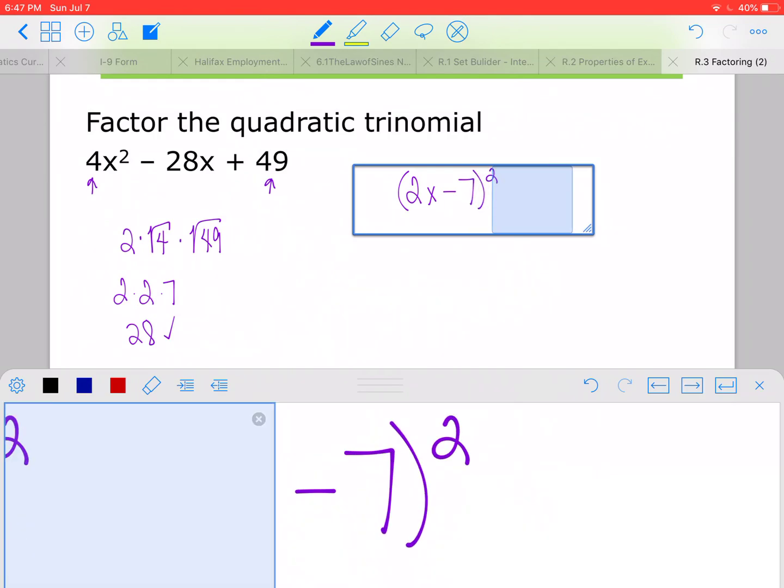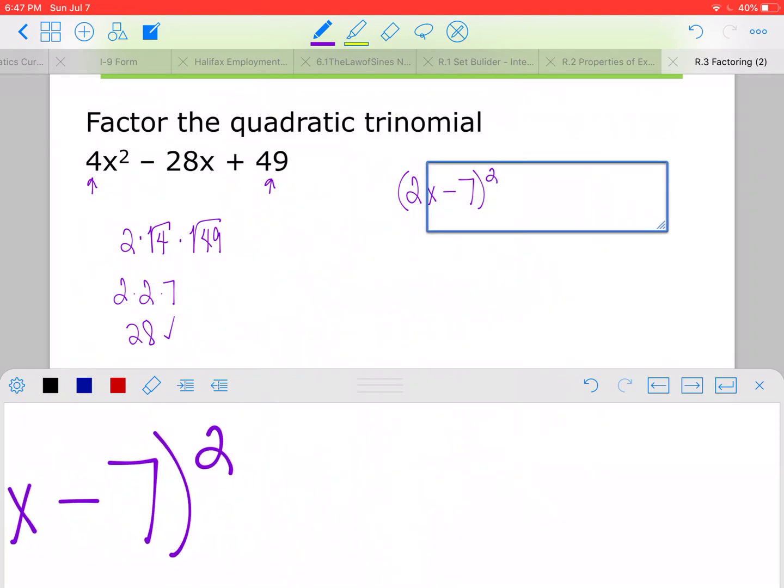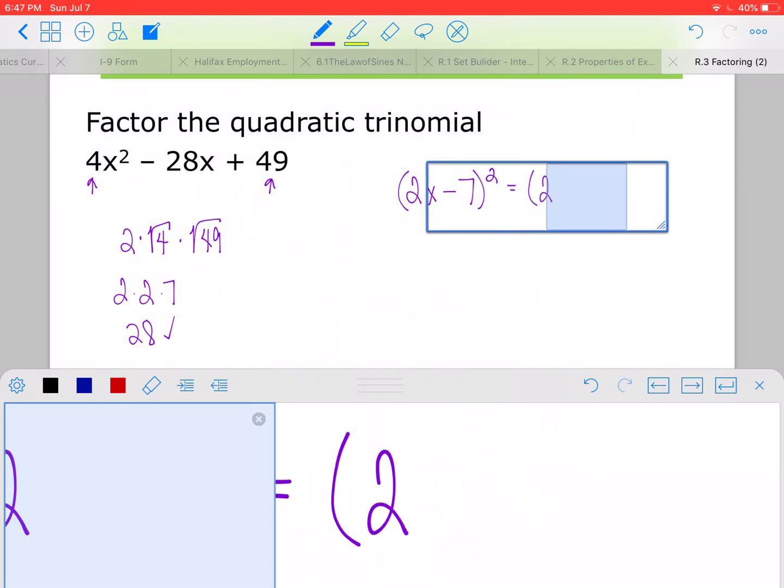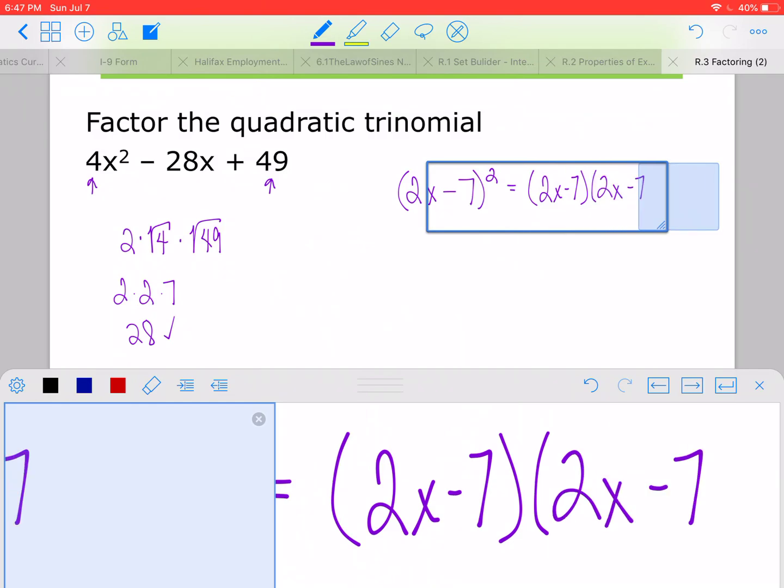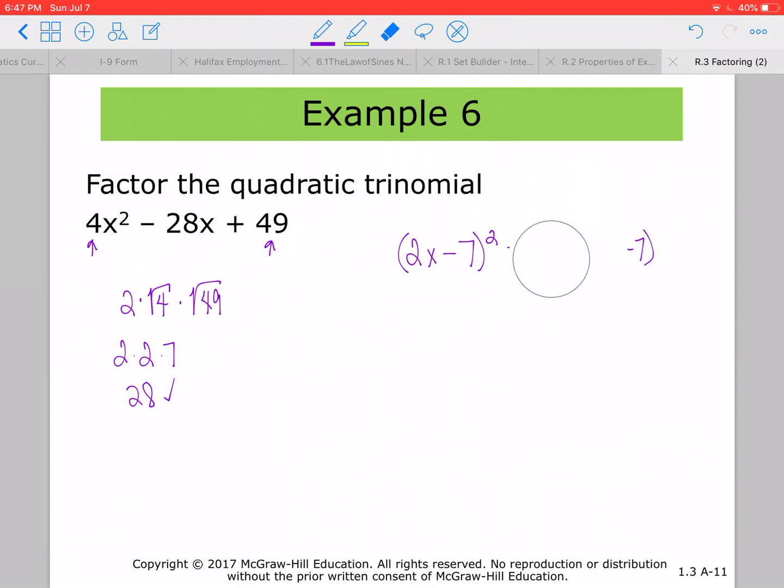Realize that this is the same thing as 2x minus 7 times 2x minus 7, which if you were to FOIL would give you 4x squared minus 28x plus 49. But we keep it as the 2x minus 7 quantity squared because that's simplified.